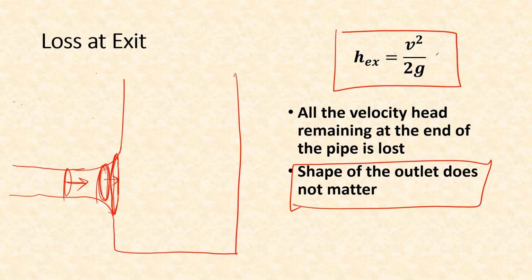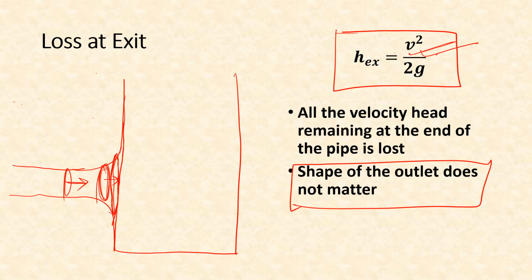Now at a section slightly around here, just upstream of the main reservoir, the area will be very large, and therefore the v will be very small, and then we can say that there is almost negligible head loss.